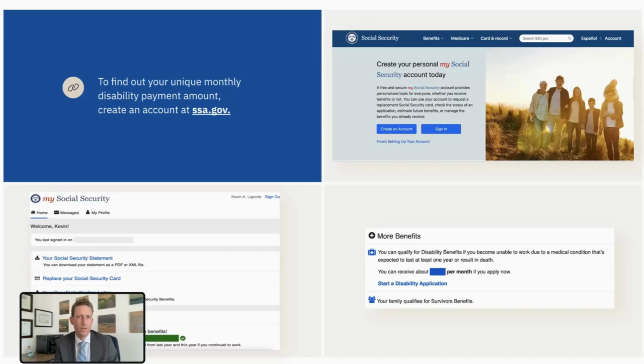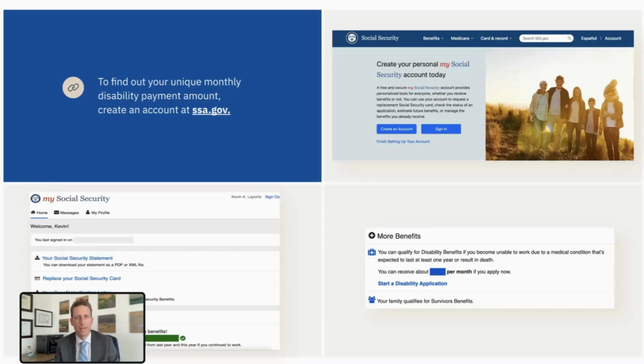And there, once you've created an account, you can log in and find out really important information, such as your unique monthly disability amount, what you would get if you're approved for disability per month. You can find out your early retirement amount at age 62, your full retirement amount, in most cases at age 67, and also if you qualify for other things such as auxiliary or family benefits.